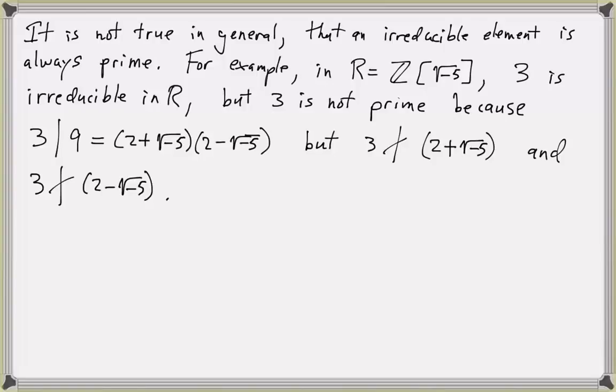this ring. So in a few minutes we'll show that 3 is irreducible in this ring. And this example just shows that irreducible elements are not always the same as prime elements in a given integral domain. But we will show now that in a PID, irreducibles and primes coincide.